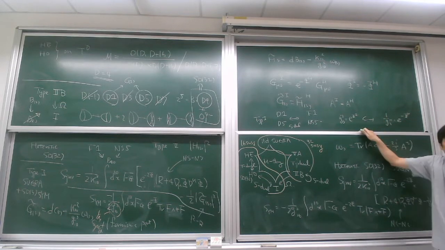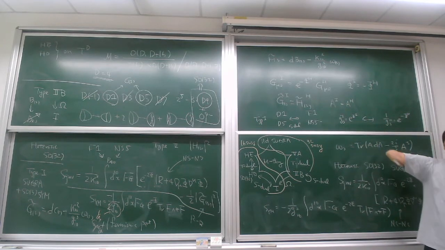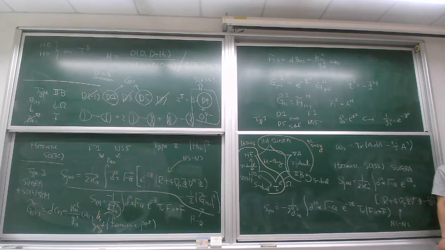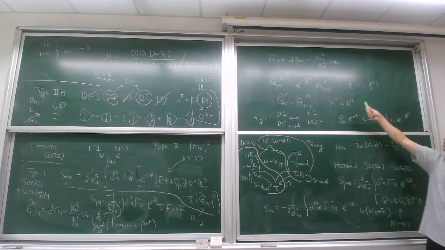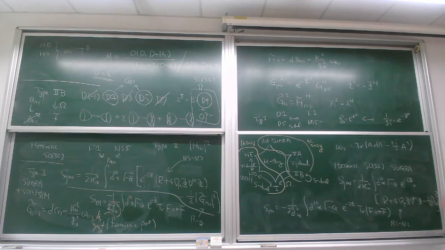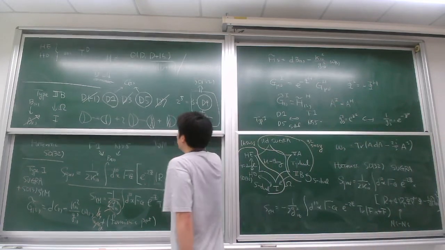So therefore, since the string coupling is e to the vacuum expectation value of the string dilaton field, if you have a minus sign, you go to the strong-weak duality. So that's why it's called duality. Okay. We can do further check a little bit more.